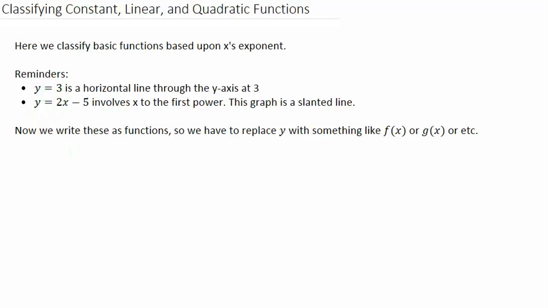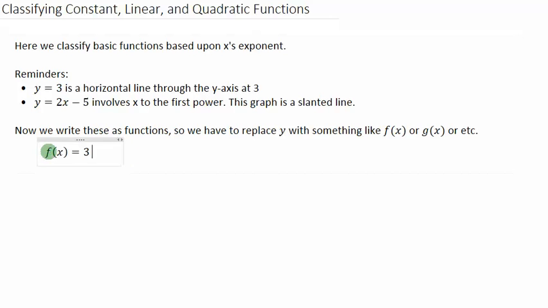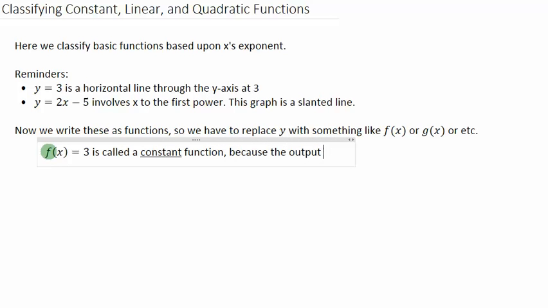If I write this first one in function notation, it looks like this: f of x equals 3. And so the output of this function is 3, no matter what your input is. This is called a constant function because the output does not change as you change the input.